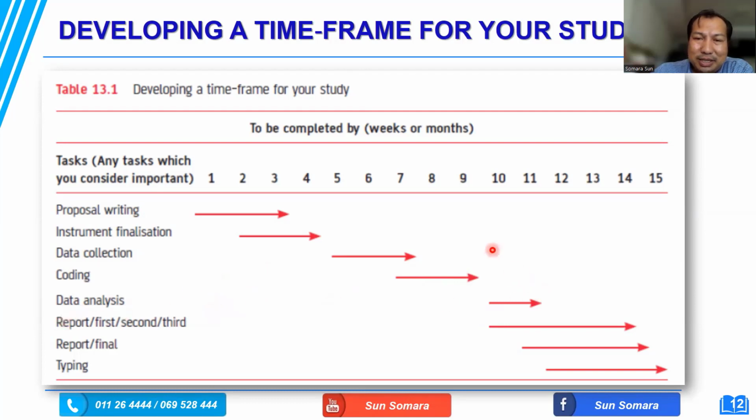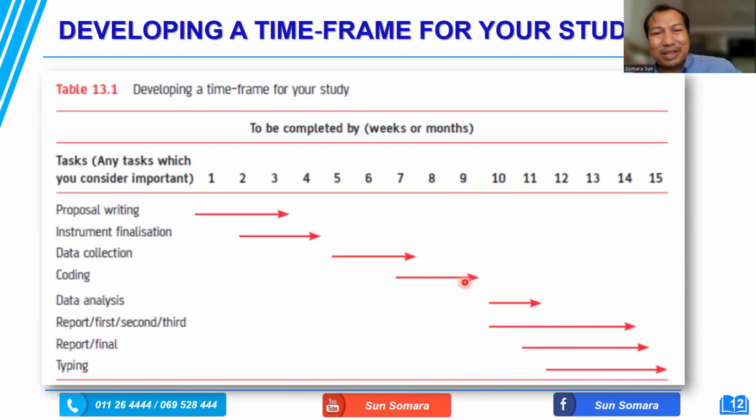Data analysis from week 9 to 11 or 12. Report first, second, third drafts need longer time for the whole report. Then the final report, and typing to complete it.